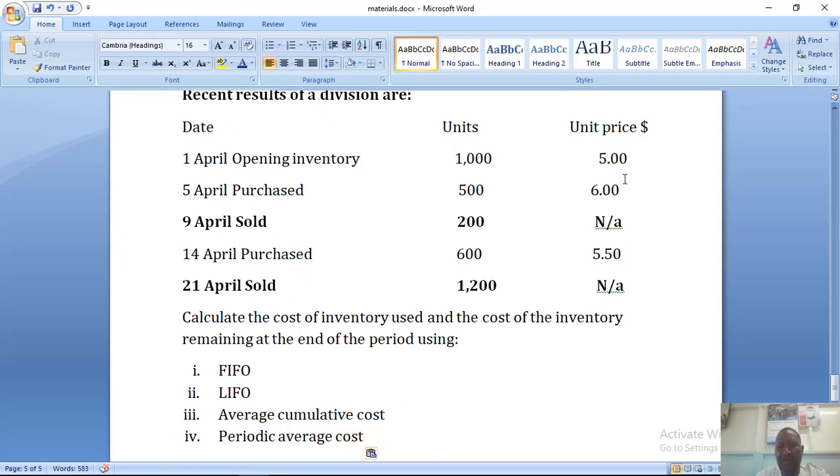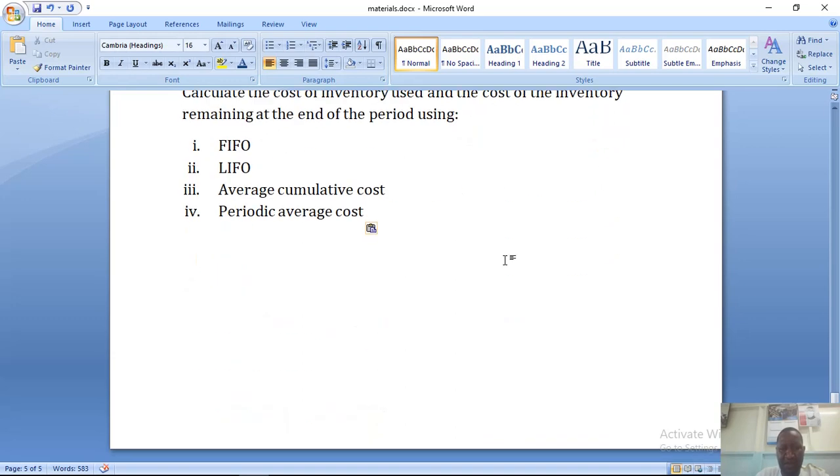So 1,000 by $5 per unit, that's 5,000, plus 500 by $6 per unit, that's 3,000, plus 600 by 5.5 per unit, that's 3,300. The number of units is 1,000 plus 500 plus 600, 2,100 units.